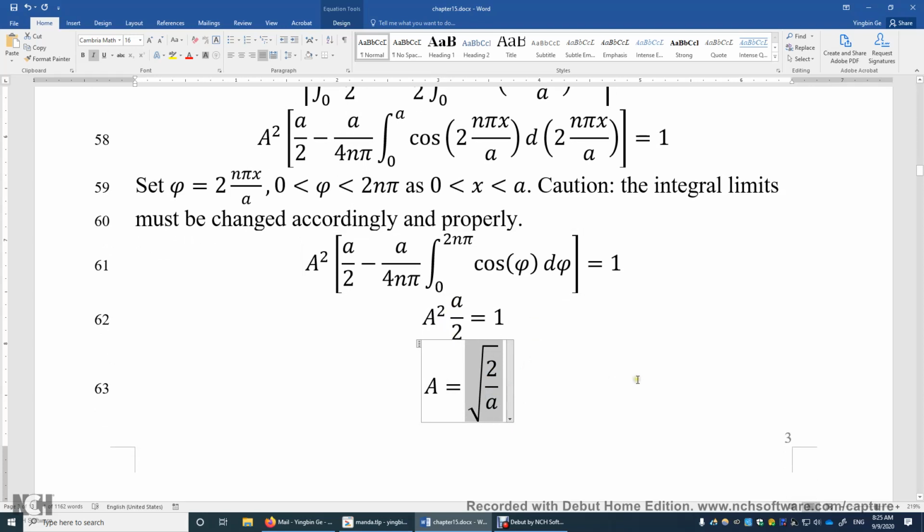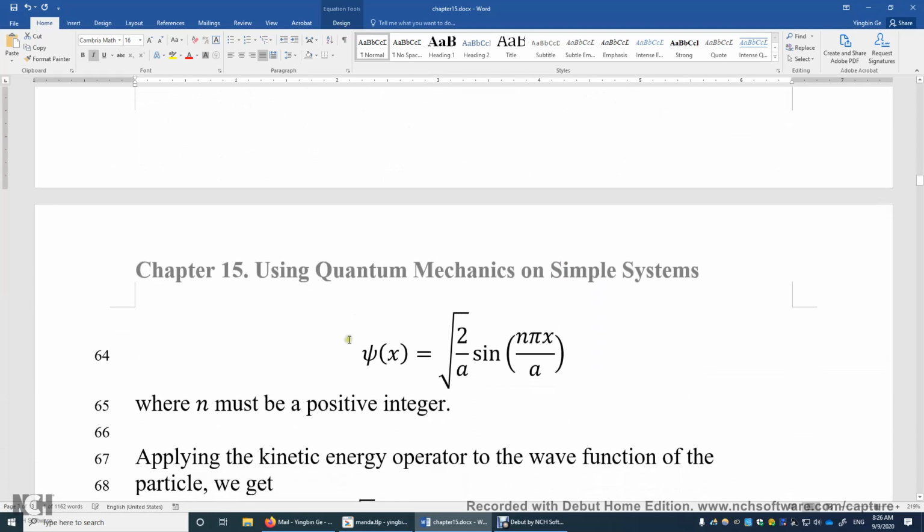Normalization means the total probability of finding the particle in the entire space is 100%. Because the particle cannot appear outside the box, the probability of finding the particle between 0 and a should be 100%. This is the so-called normalized wave function for the particle in the box.